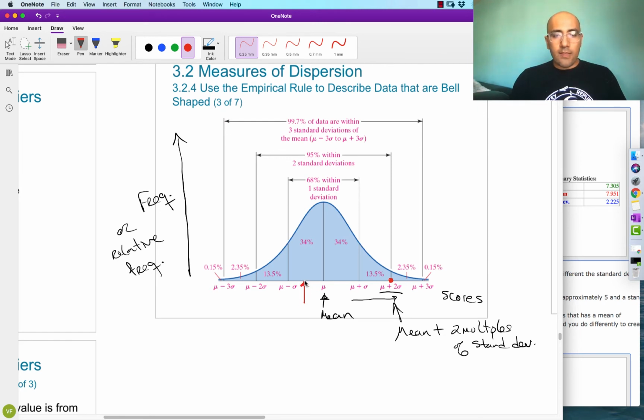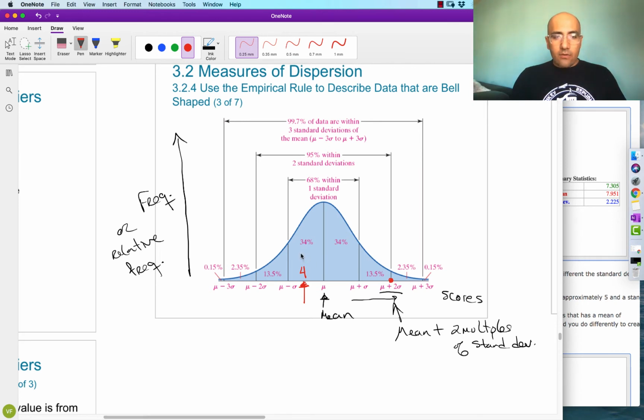Maybe 4 lands in there. You know how messy life is. Rarely do we have nice, pretty whole numbers. So maybe I need to figure out how many multiples of the standard deviation below the mean is a 4. And that could be a decimal, like half a standard deviation below the mean. It could be 0.3 multiples of the standard deviation below the mean, right? So we want to figure that out.